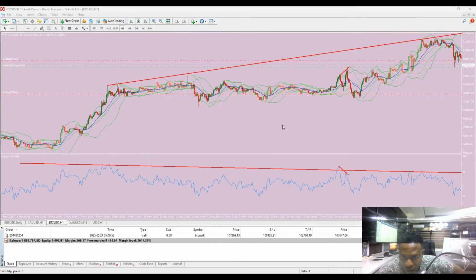So majorly these two sessions are always called the Asian session. The overlap between Sydney and Tokyo, we call it the Asian session.